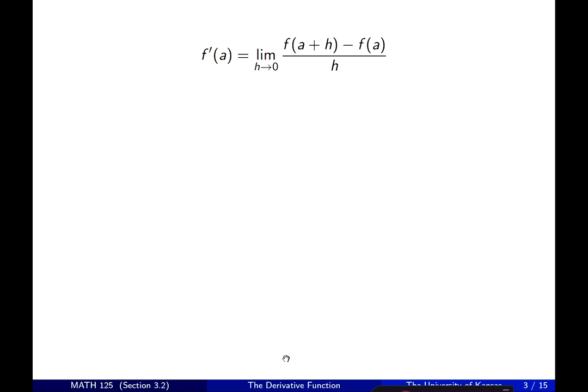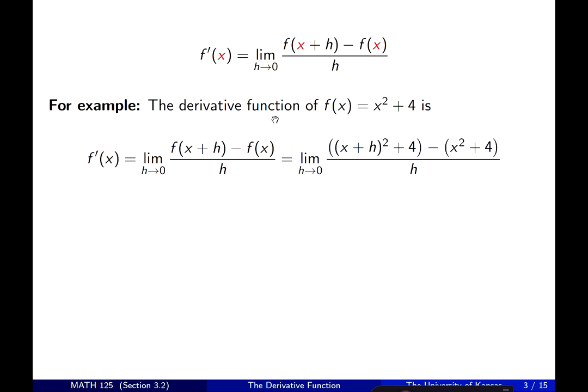So let's start with that. If I change a to x, all the a's change to x. Now it looks more like the functions that you know. So the input is x, and the output is f prime of x.